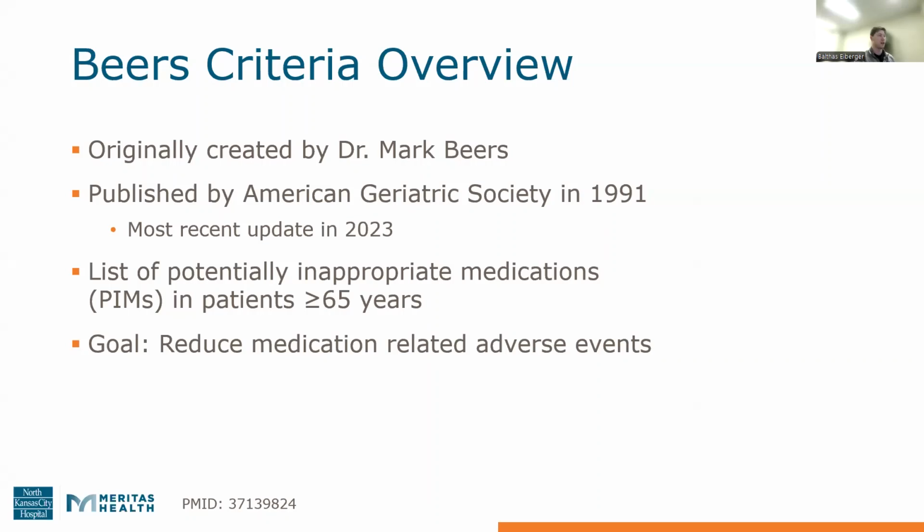This list of medications is guided towards patients that are over 65 years of age, and it's basically any medication that could have an adverse outcome. And the goal of creating this list by Dr. Mark Beers was to reduce medication-related adverse events, so to try to prevent any unwanted side effects, which is a good thing.